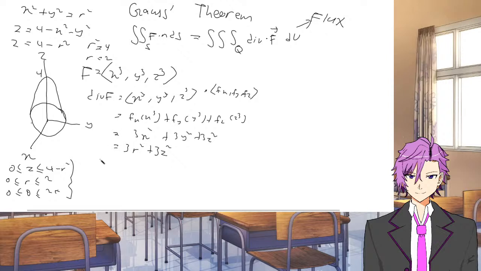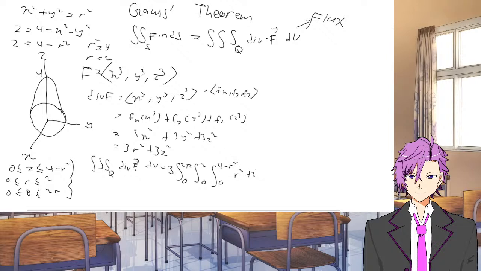Now we'll put it inside the formula, the triple integral of the divergence of F dV. There's a common factor of 3. Take this out. So 0 approaching 2 pi, then 0 approaching 2, and then 0 approaching 4 minus r squared, of r squared plus z squared.